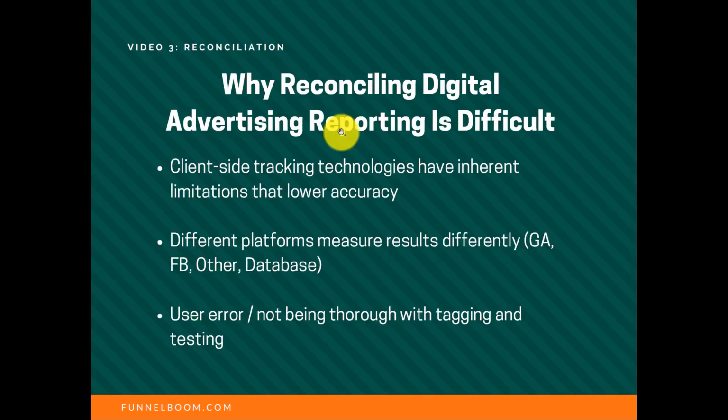Google Analytics, Facebook reporting, pretty much any advertising or analytics platform is based on what's called client-side tracking. That means when the user loads your page or website, a JavaScript library is loaded into the page, and then we can fire tags based on that library.